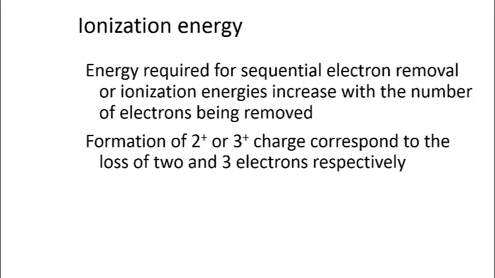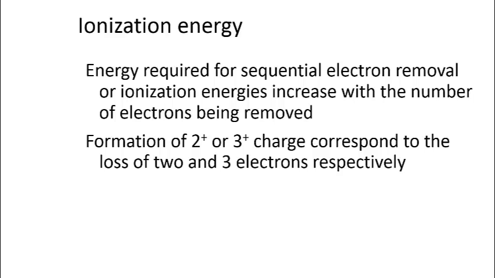So the general trend in ionization energies to understand is that the energy required for sequential electron removal, or ionization energy, increases with the number of electrons that are being removed.